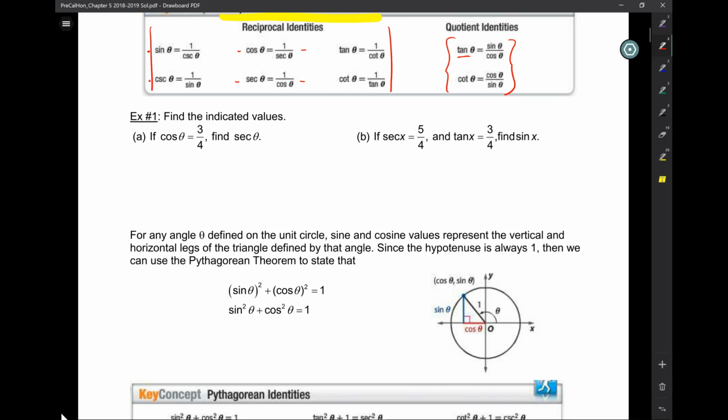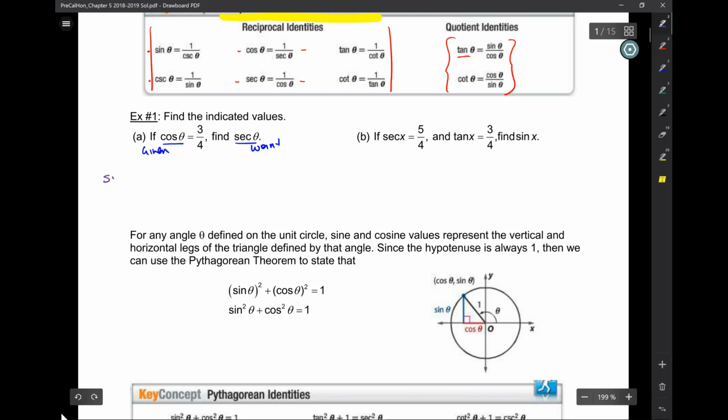Okay? All right. So cosine is 3 over 4. What's secant? So the way I do it is, okay, what am I given? Cosine. What do I want? Secant. Then I ask myself, is there an identity that relates the given with what I want? Is there an identity that relates cosine to secant? There is, right?